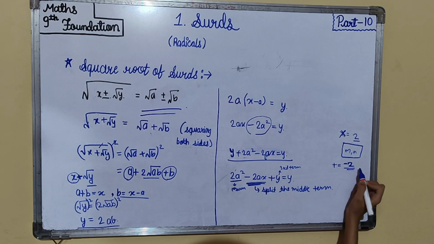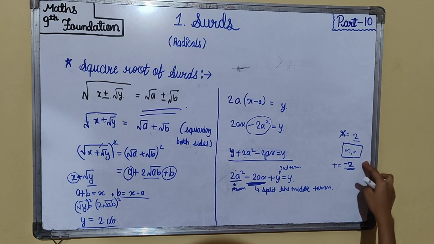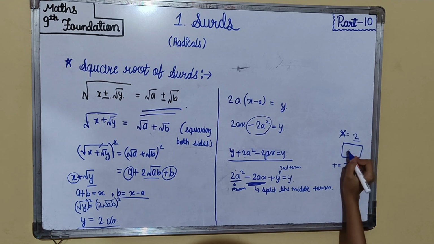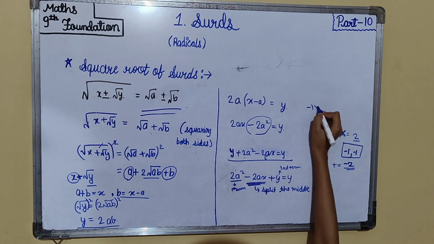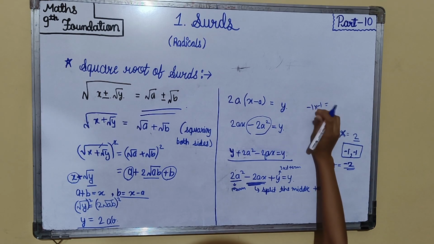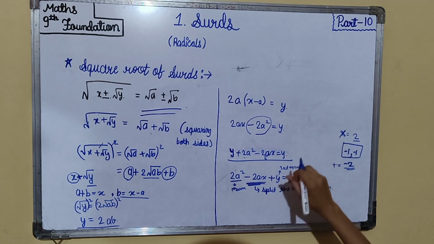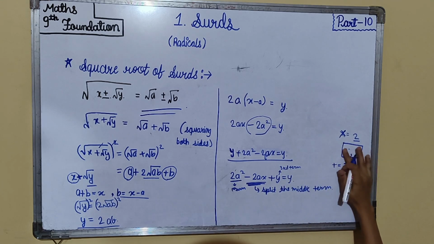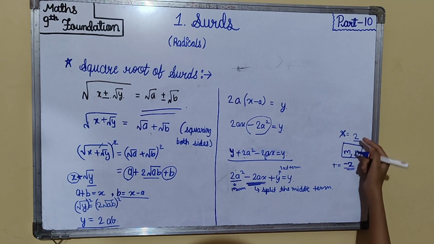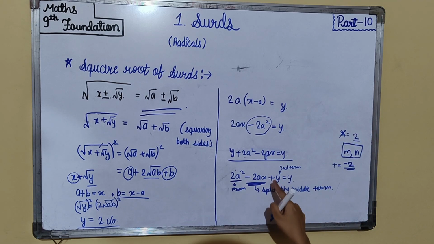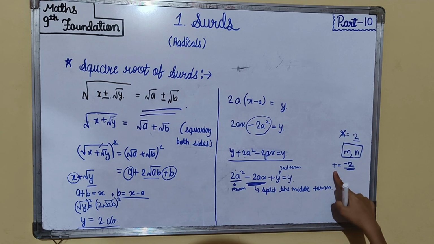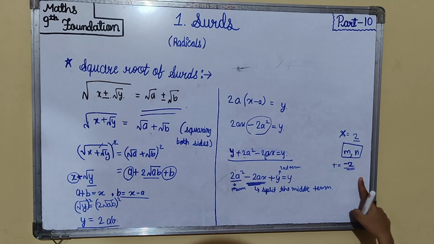So like this you have to arrange numbers, and if the numbers are -1, -1, then multiplication of -1 into -1 is 1. This is an example, but the multiplication of the numbers should be that of the first and third terms' multiplication, and the addition should be -2.